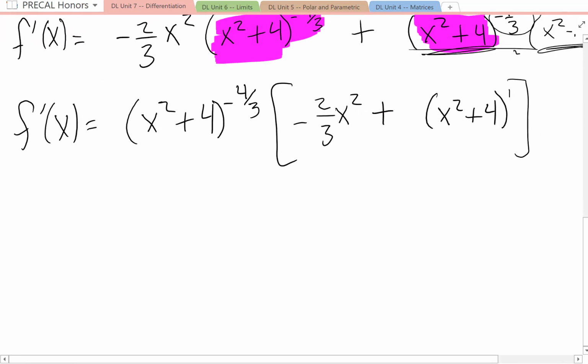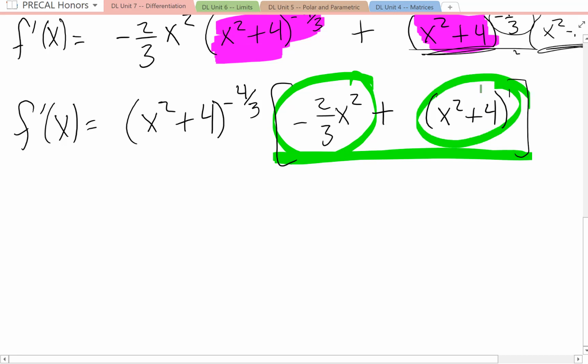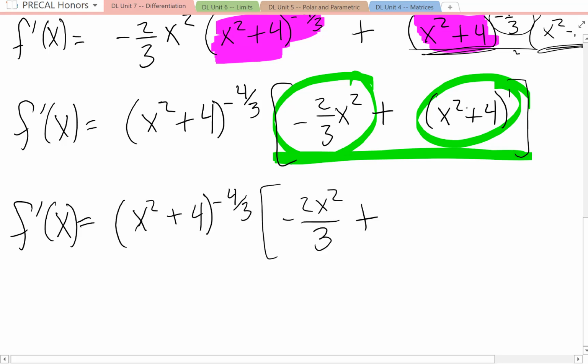I do need to combine and simplify everything inside of this bracket, but this is a fraction and these are not. So I need them to all have the same denominator so that I can combine them. So these each need to have the denominator of 3, so I'll multiply by 3/3. 3/3 times x squared is just 3x squared over 3. 3/3 times 4 is 12/3.